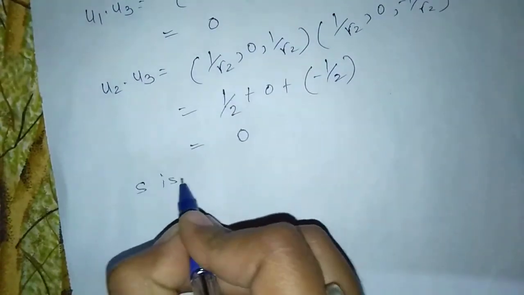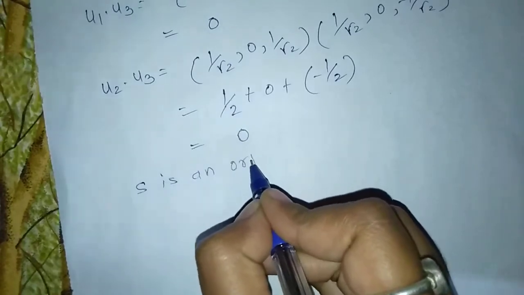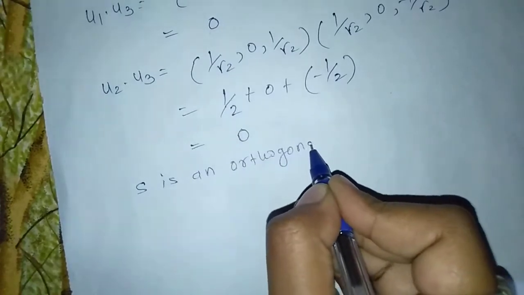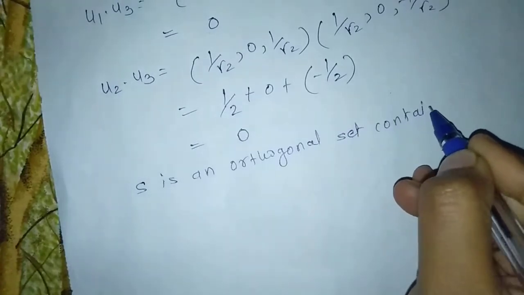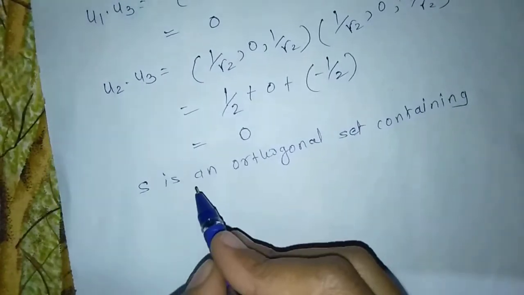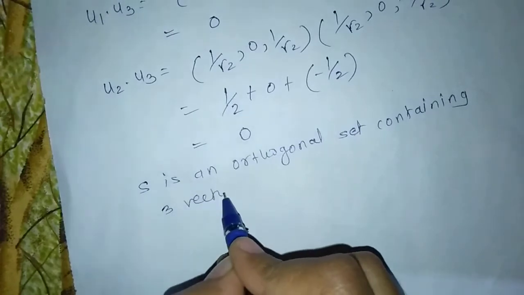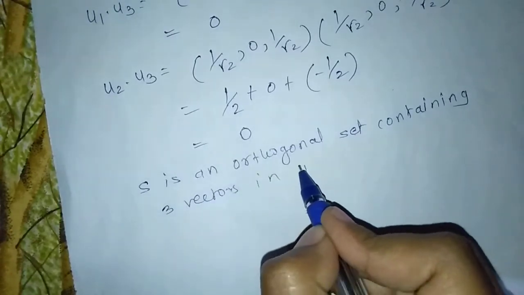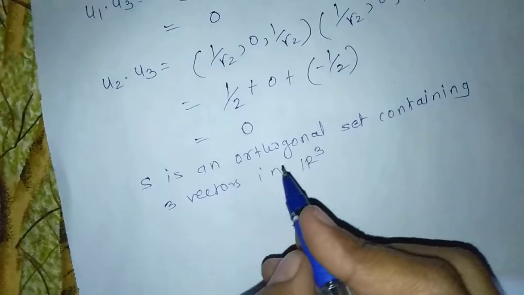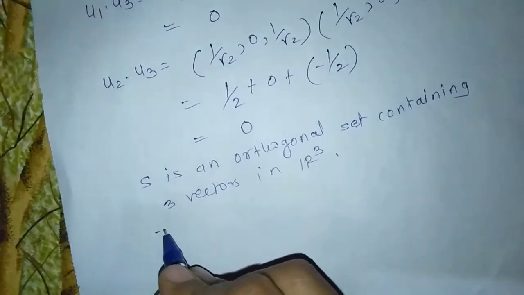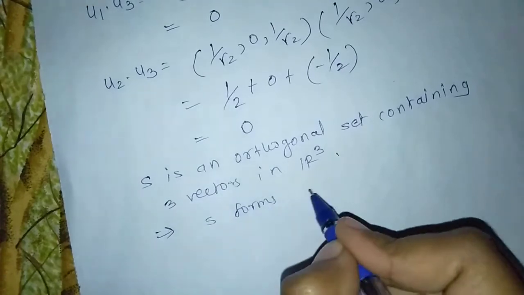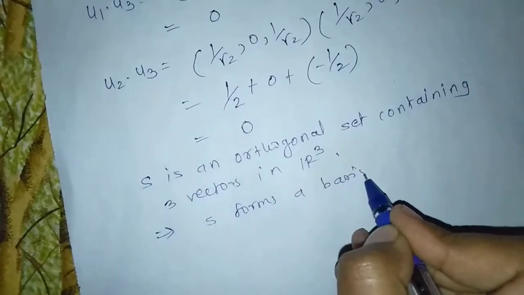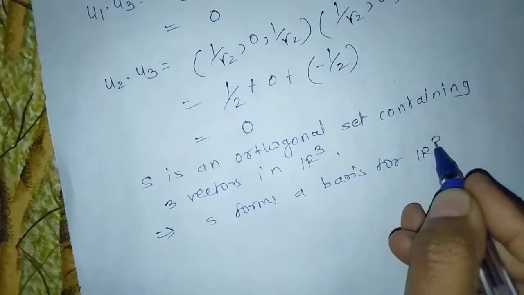So S is an orthogonal set containing three vectors in R3, which implies S forms a basis for R3.